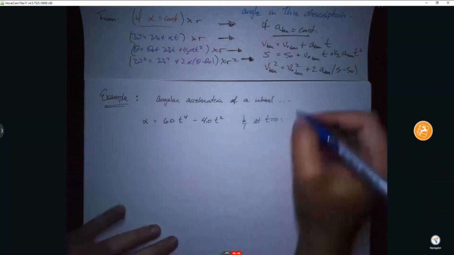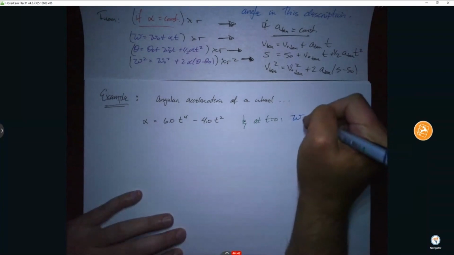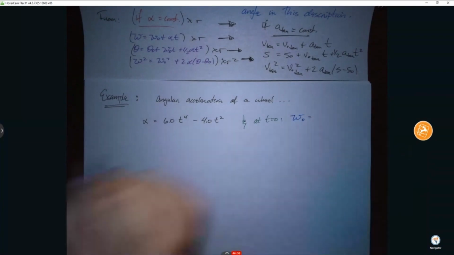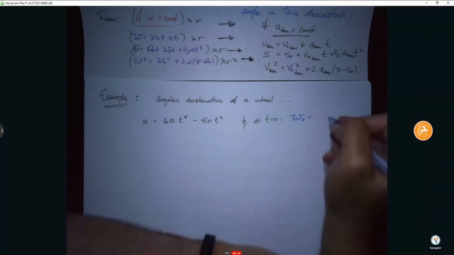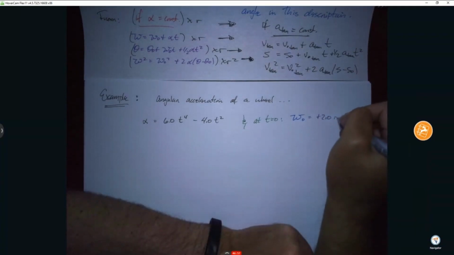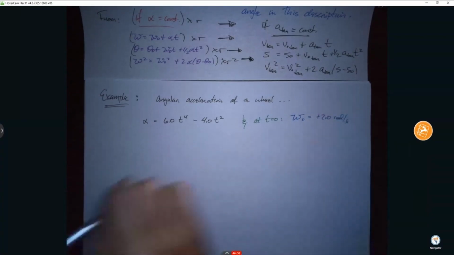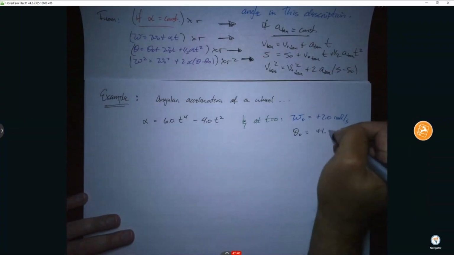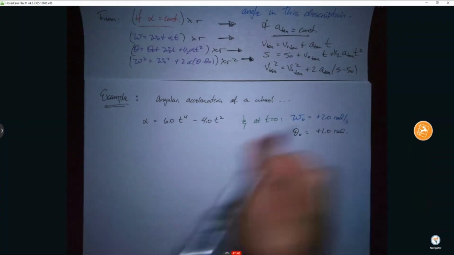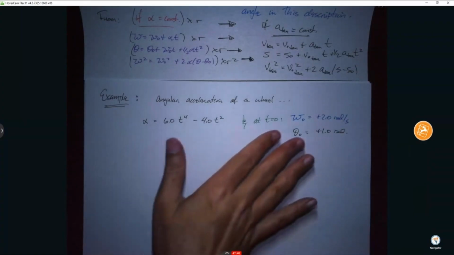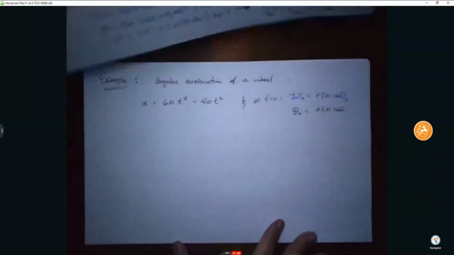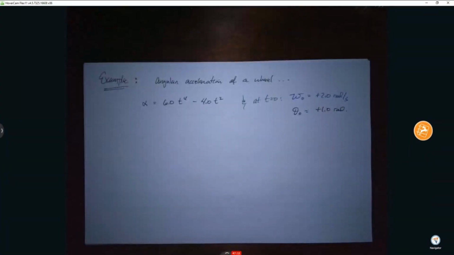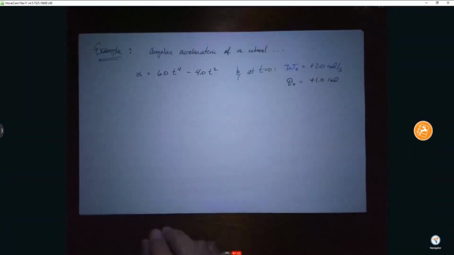So at t equals 0, our initial angular velocity is +2 radians per second, and the initial angular position was +1 radian. These are going to do the integration constants. Those will be our conditions to set and solve for the constants.